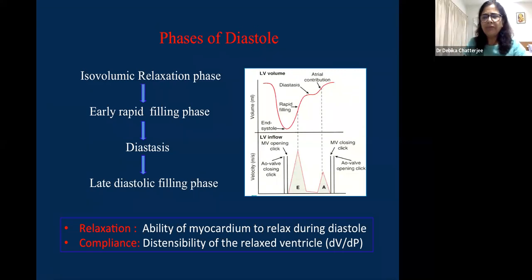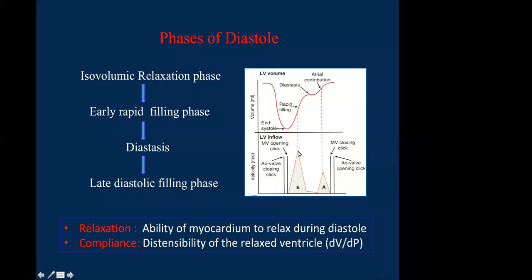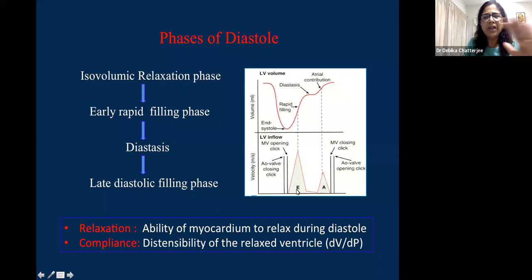During the early rapid filling phase we get the E wave, and then after the 80% filling of the left ventricle during early rapid filling phase, a time comes when the left ventricular and the left atrial pressure becomes equal. There is no active movement of the blood from the LA to the LV, and that phase is called diastasis.